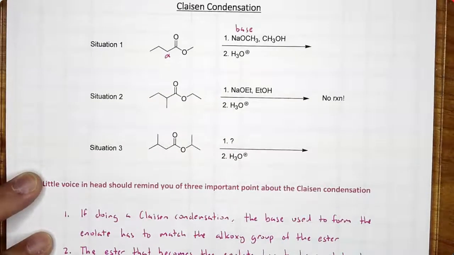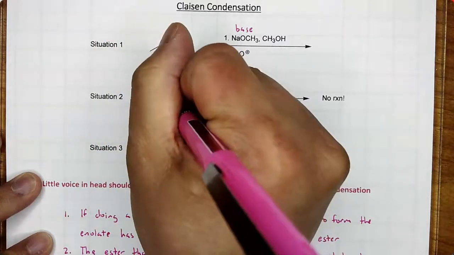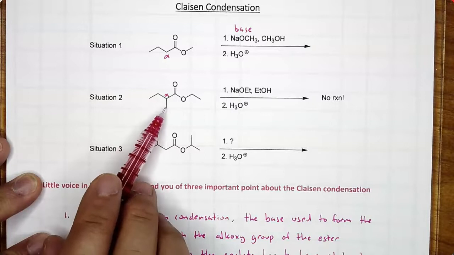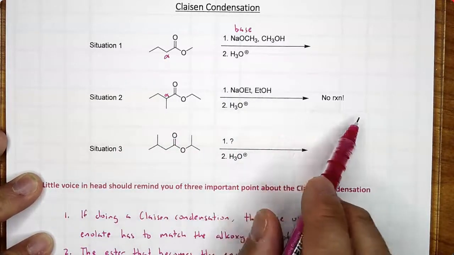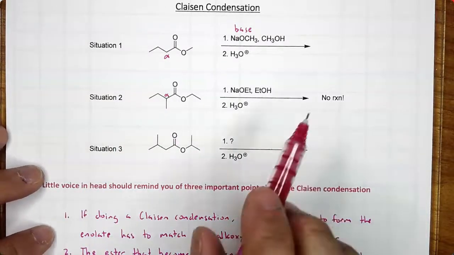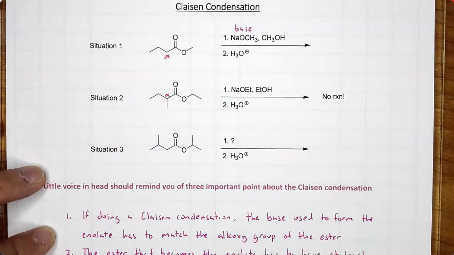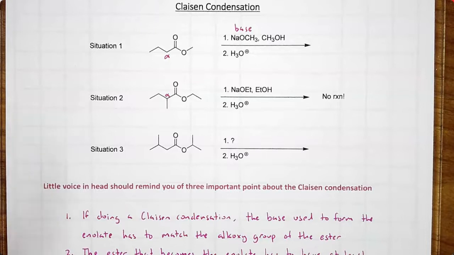See? And we have that situation here, where we only have 1 alpha hydrogen. Well, we're not going to form the Claisen product, and we consider that no reaction. It will just go back to the starting ester. I'll explain all of these points as we get to them in the mechanism.